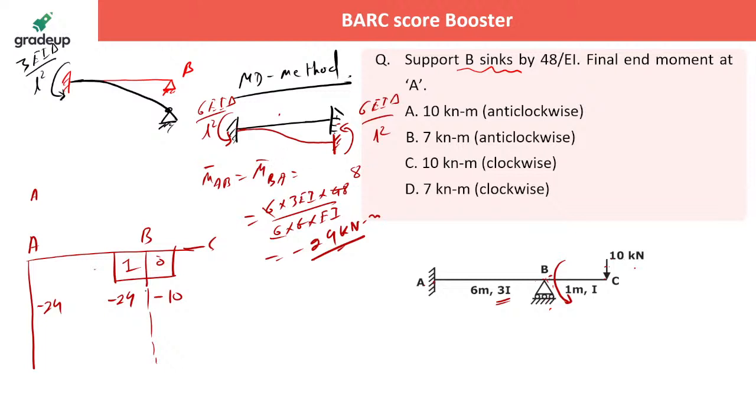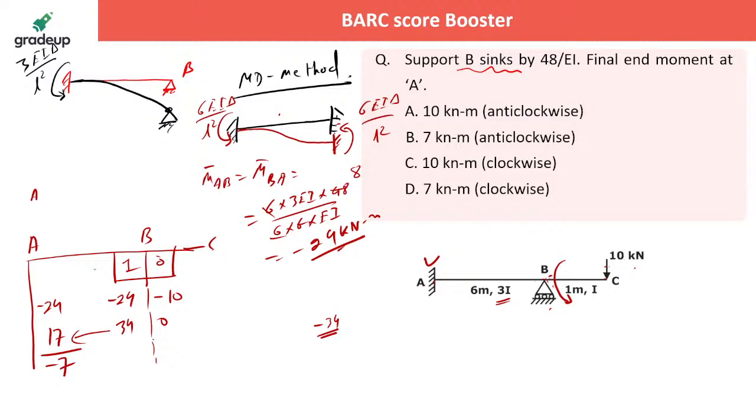What kind of adjustment? You will balance the joint, because at joint B the moment is not at all balanced. If you add these two, you will get minus of 34. Then you take the plus sign, that is plus of 34, you apply it here, and half of that, as this is a fixed end, will come to this side, that is nothing but 17, and finally you'll get minus 7. That's all. The balancing of the joint has to be done.